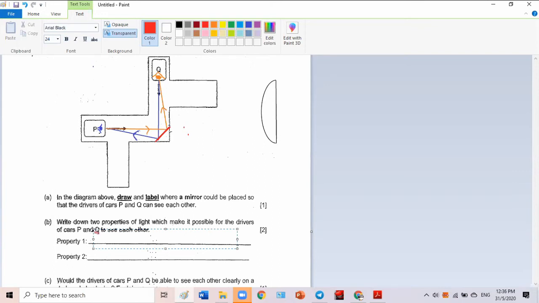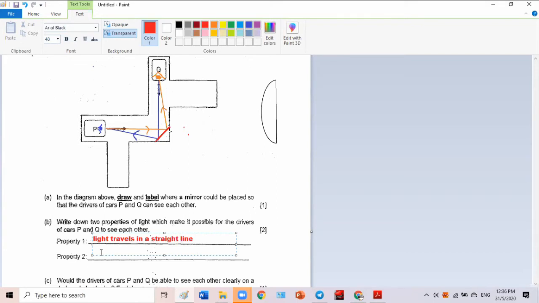Yeah, I think I just typed it. I spent some time and wrote light travels in a straight line. And the other property is, it bounces off.